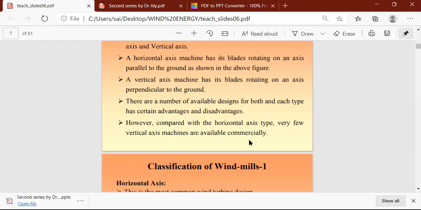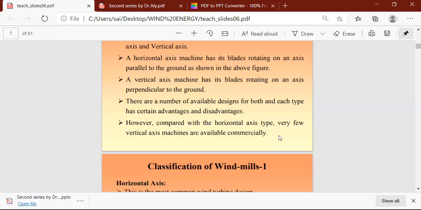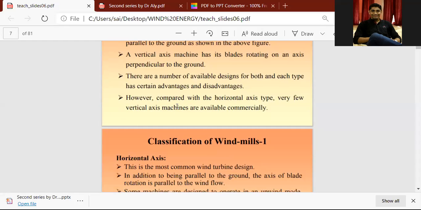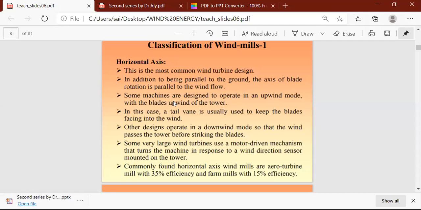So one of the most important things covered here is that for commercial purposes we use the horizontal axis wind turbine, not the vertical axis wind turbine. But we have to learn the vertical axis wind turbine also. For commercial basis, just horizontal axis wind turbines are used, so keep this in mind.